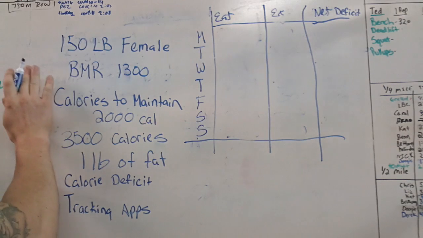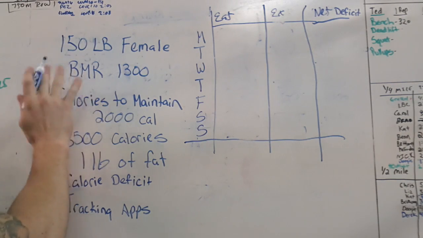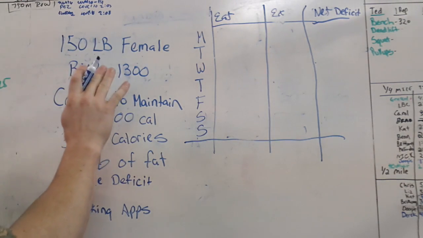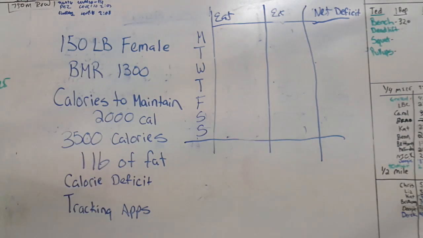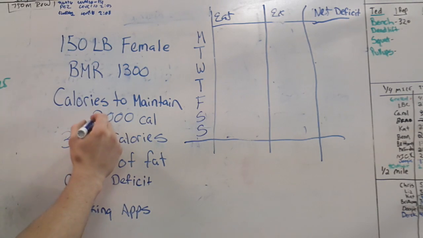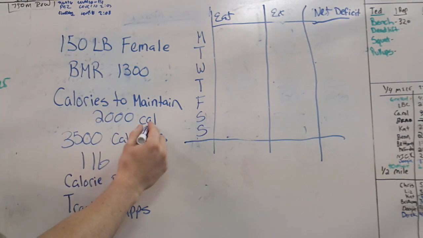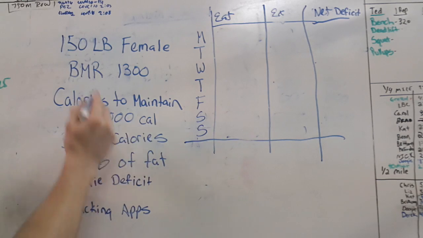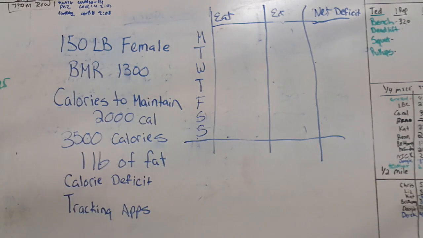So that's a great definition to know and what it actually means in the whole scale of this. So BMR, 1,300 calories, that's an approximation, but we're going to go with that for now. For this person, it probably takes about 2,000 calories to maintain this 150 pounds.